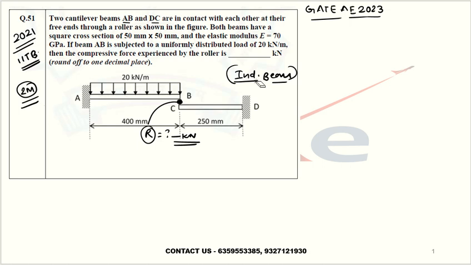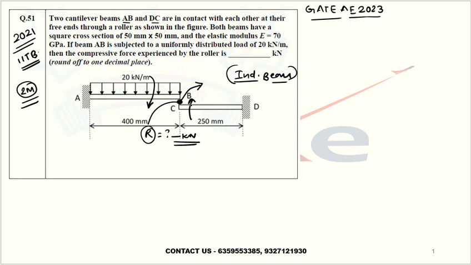Can you tell me if this is wrong or right? At this roller end, for the beam to be in equilibrium, the deflection at this point should be equal. The deflection provided by this beam and the deflection provided by that beam should be equal.